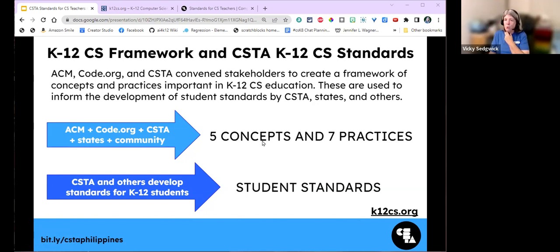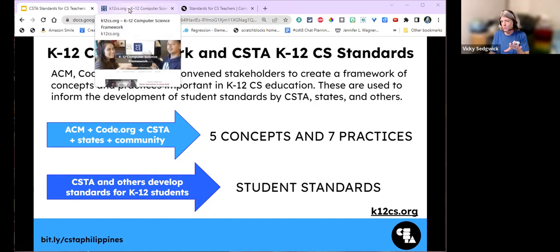Okay, so the framework: let me give you a link to the slides really quick, so you can open them yourself. If you click on this link, it will take you to the framework if you want to explore it in more depth.